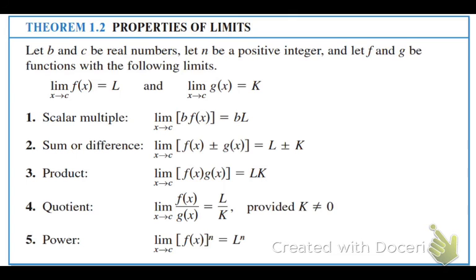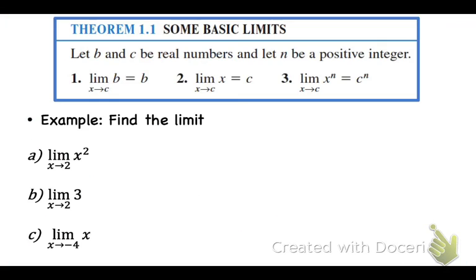So what am I going to do? There's a long one next. Okay, so it's going to be 2 squared, which is what? 4. So the limit of x squared as x approaches 2 is 2 squared, which is 4.